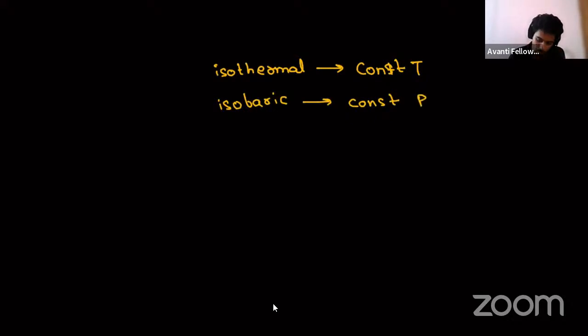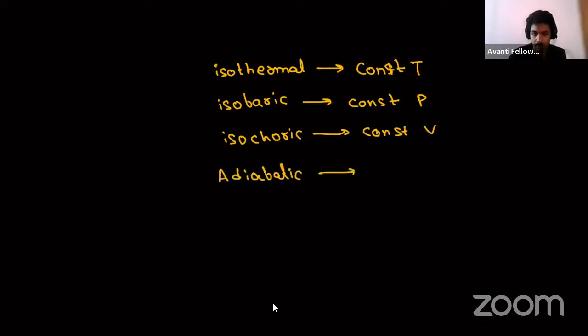If it is isochoric, nothing but at constant volume, right? What was one more thing other than these three? One more is adiabatic. What is constant in this? Constant heat, constant Q. These are the four conditions we have seen, and we'll be seeing how we can derive entropy in these four types of conditions, or what mathematical formula is used so that we get entropy in these four different situations.